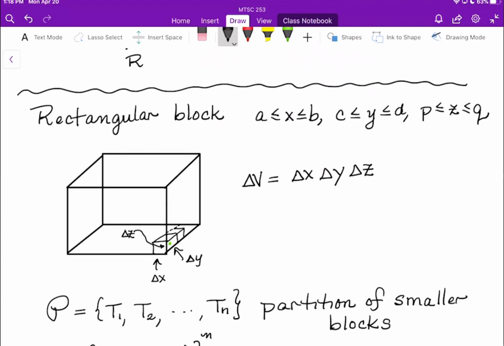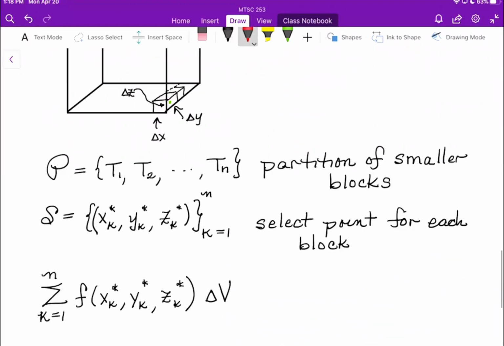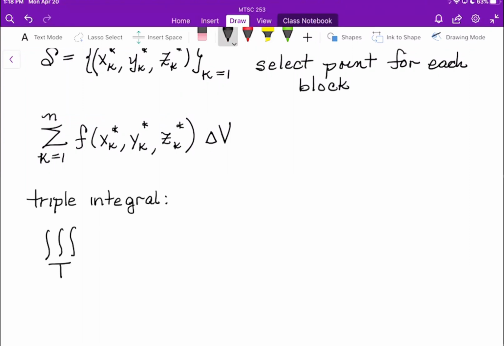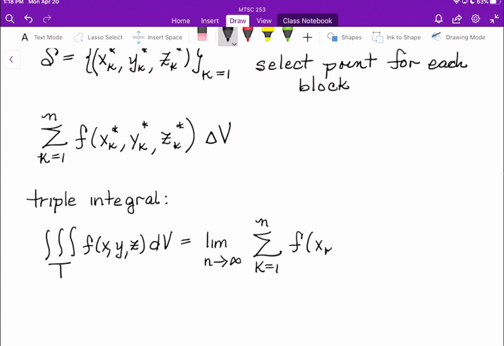Let me just go back and call this whole thing T. Just like we had a region in the plane, now T is a region in 3-space of f of x, y, z dV. This is the limit as n goes to infinity of the sum k equals 1 to n of f of xk star, yk star, zk star.